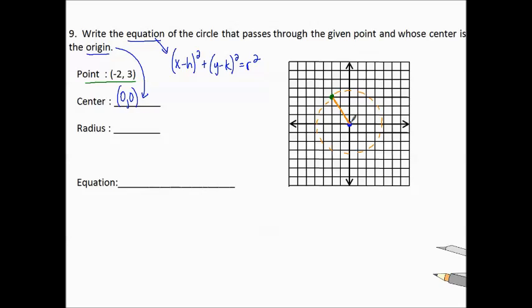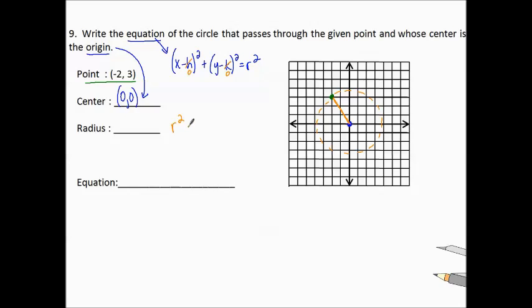Now, we don't need the graph because we know that the radius means the distance between those two points, and we know the distance formula. But the graph is kind of nice to make the distance formula a little bit easier. So remember that r² is equal to all this stuff right here, with (h, k) being the center. So h and k are 0 and 0.